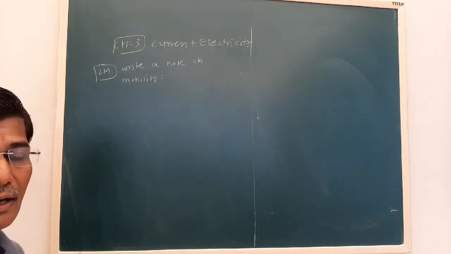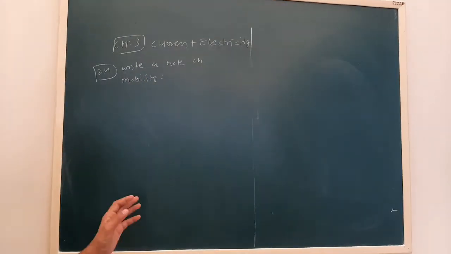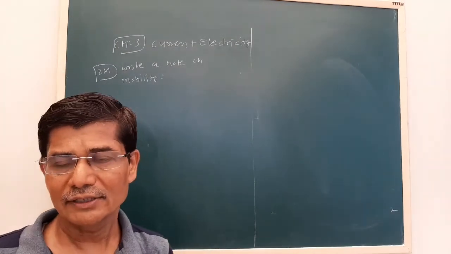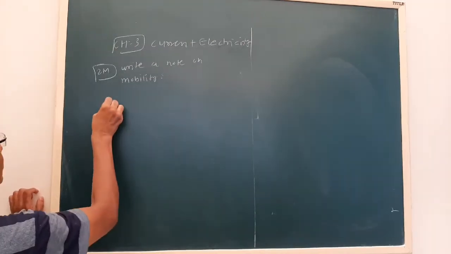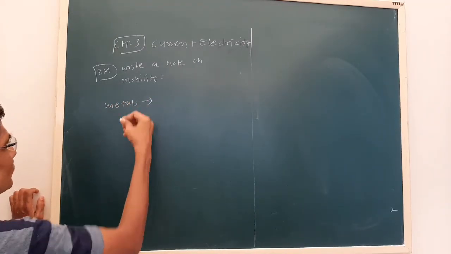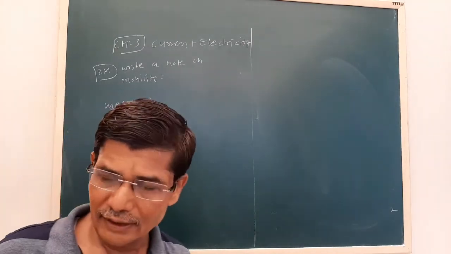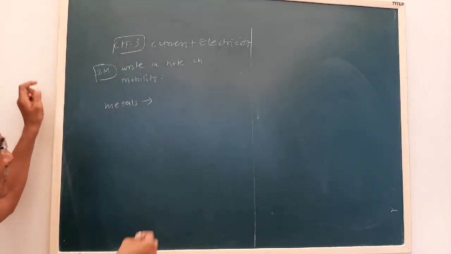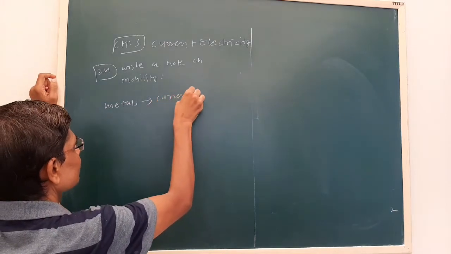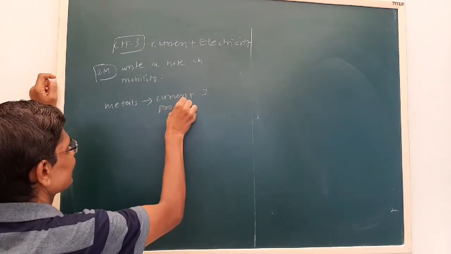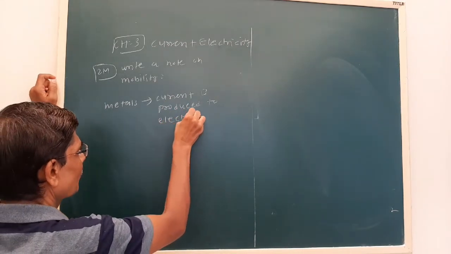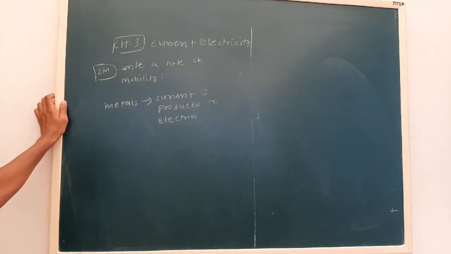Now we have to be familiar with the word mobile. Now see, in metals current is produced because of the motion of the electron. They move, they are mobile, meaning they move from one place to another, producing the electric current.